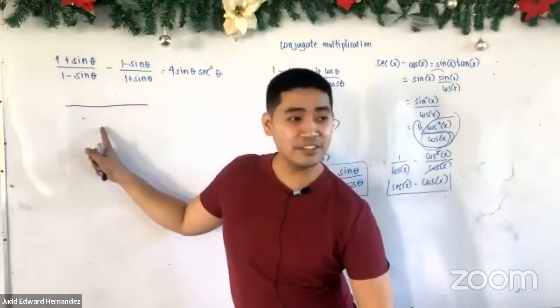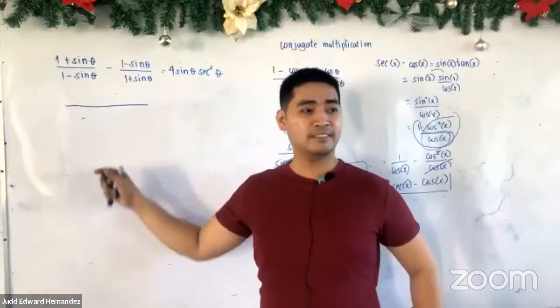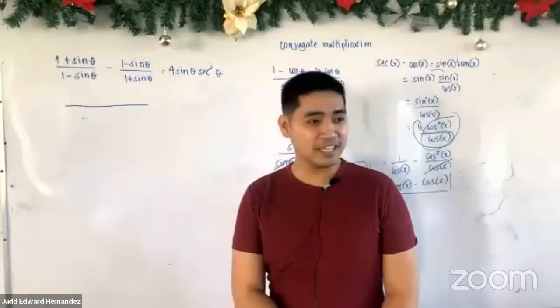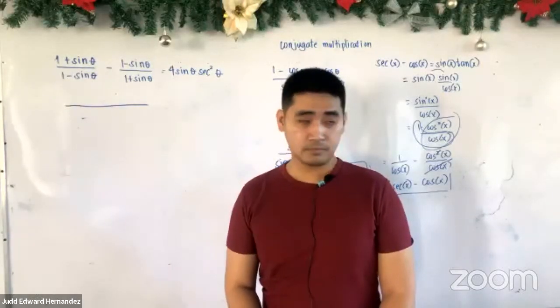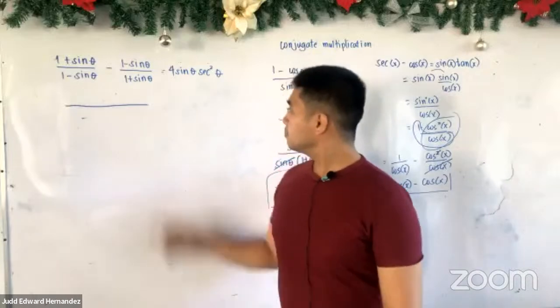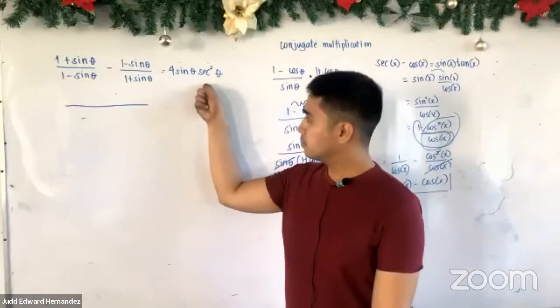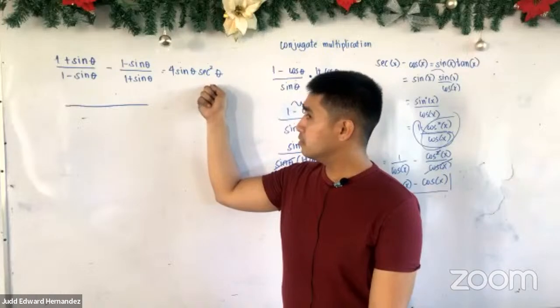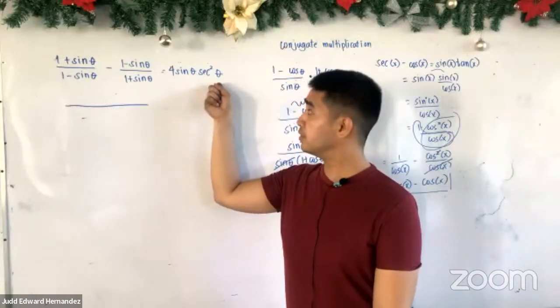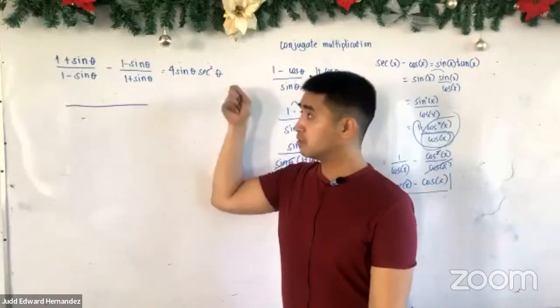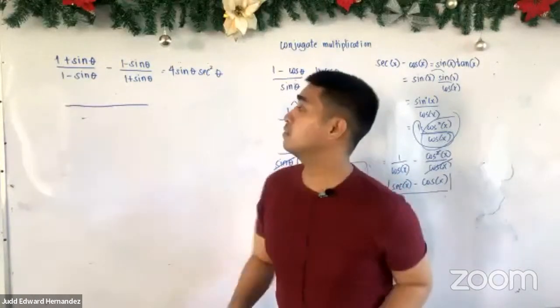Kaliwa or kanan? Pwede ko din naman piliin to. Secant, tangent siya equal. 1 plus tangent squared.